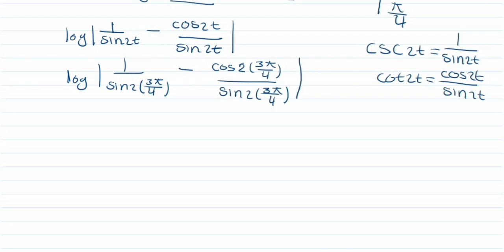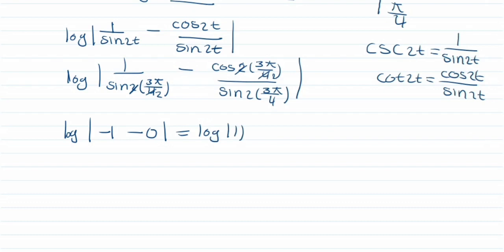We have a 2 here and a 2 here, it's going to be over 2. Then sine of 3 pi over 2 is negative 1. So we'll have negative 1 here, minus, again the 2 and 2 give a 2 down here. Then cosine of 3 pi over 2 is a 0. Meaning that for our upper limit, we get a log of negative 1.